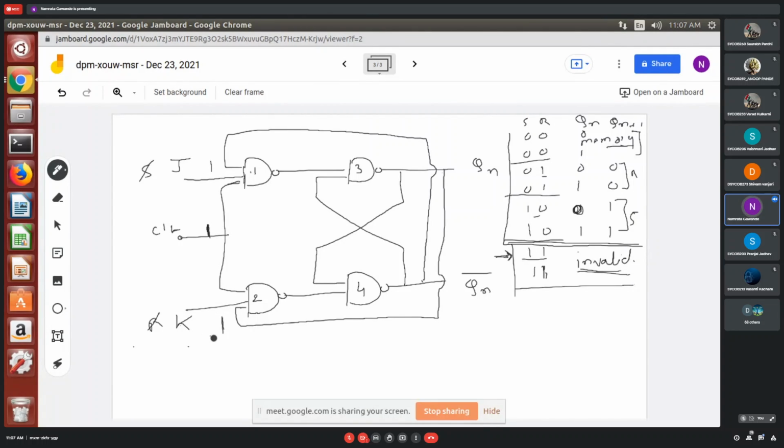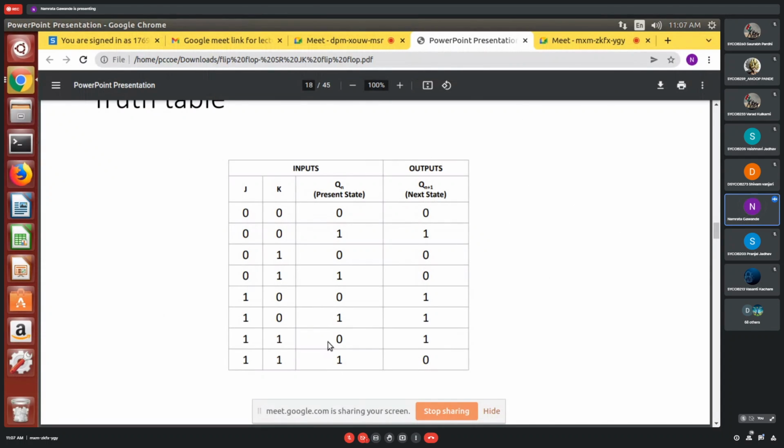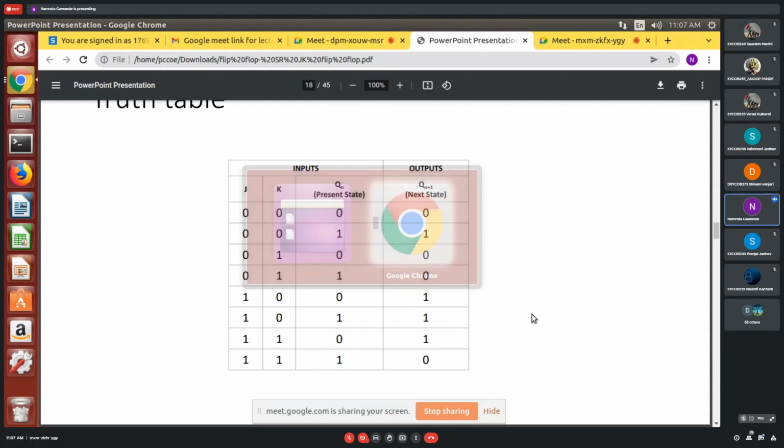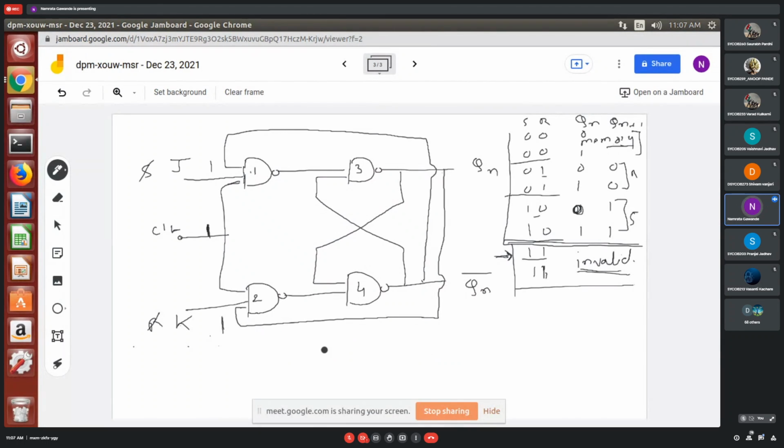If J and K are 1 and the clock is also 1, let's assume the present state Qn is 0 first. So I will write over here, suppose J is 1 and K is 1, and the present state is, let's consider, 0. Why am I considering the present state over here?